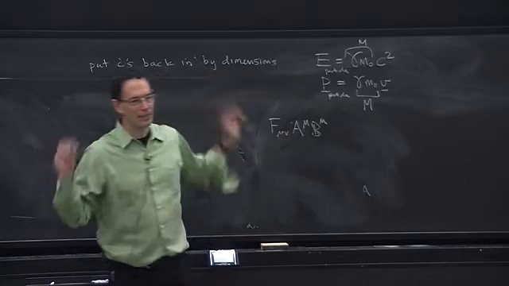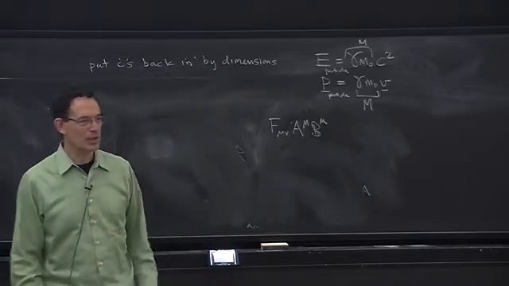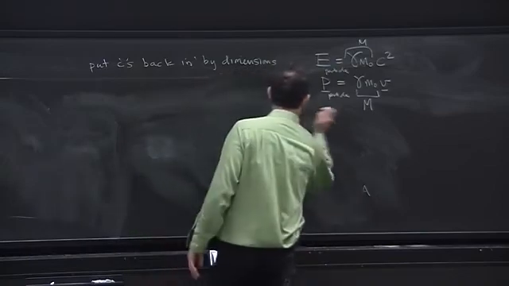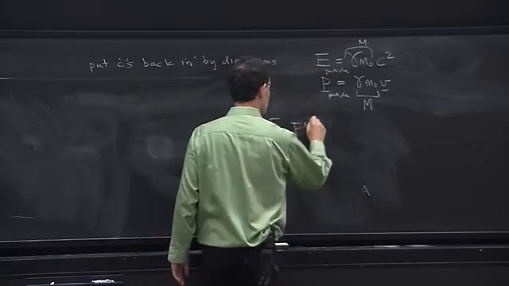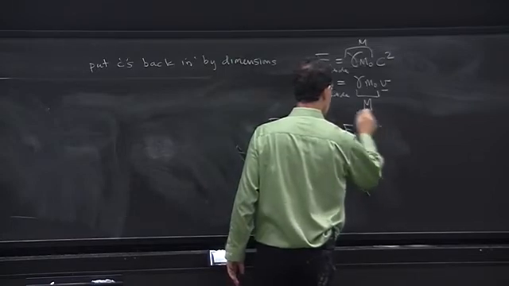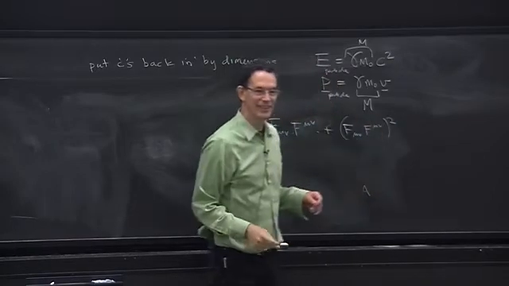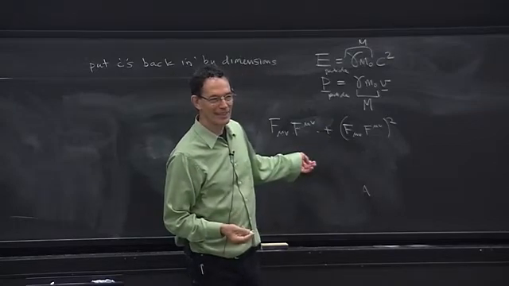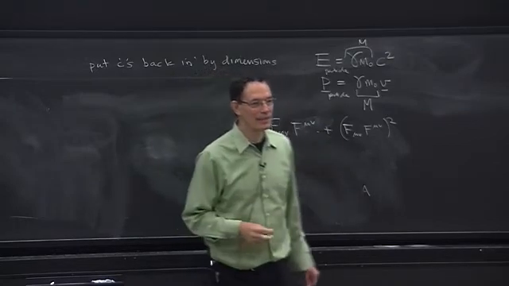But certainly the A mu A nu doesn't work. I encourage you to try anything else you like. What you could do is write this squared. That would be fine. That's a good action for Maxwell. There's nothing wrong with that.